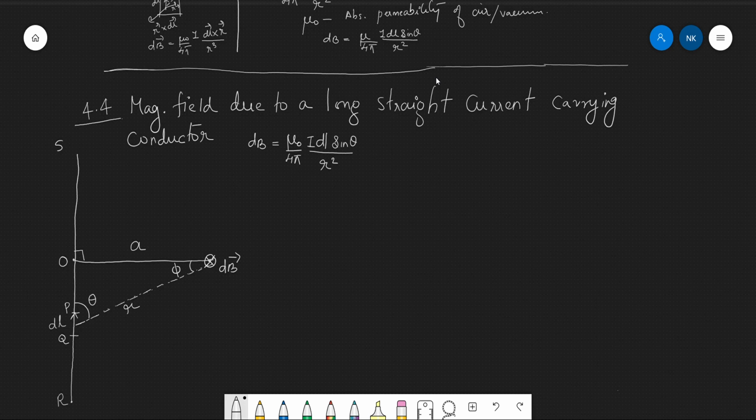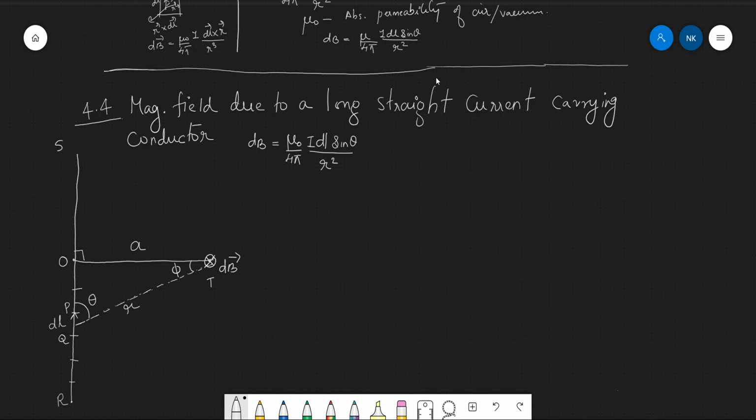If we need to calculate the magnetic field at this particular point, let this be T, with P, Q, R, S, O, and this point B. At point T, the magnetic field due to this entire wire, for that we can divide this wire into small segments.